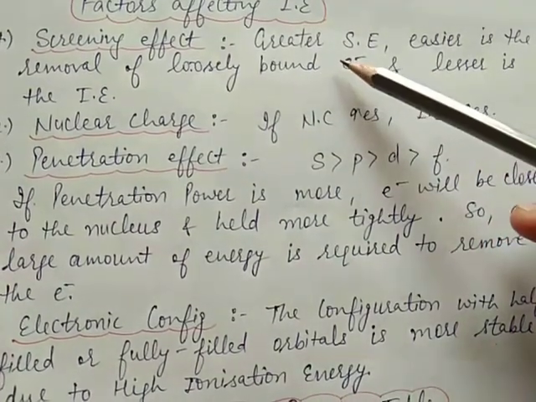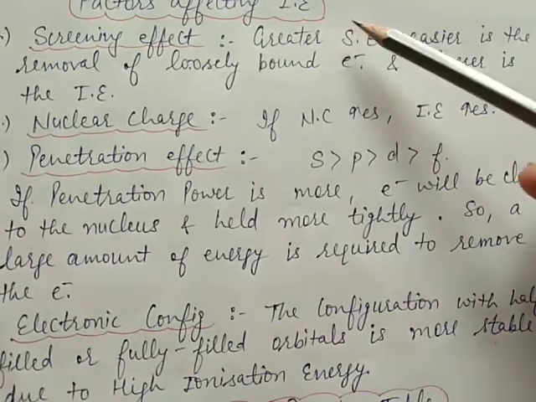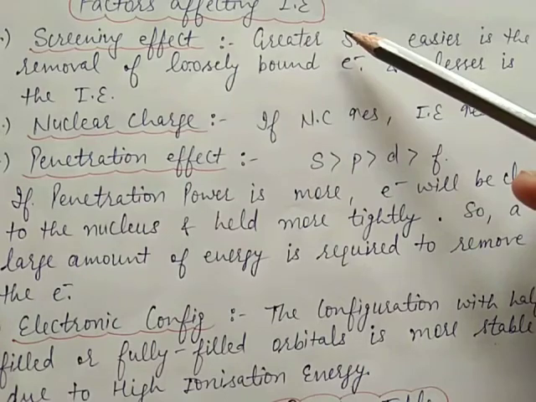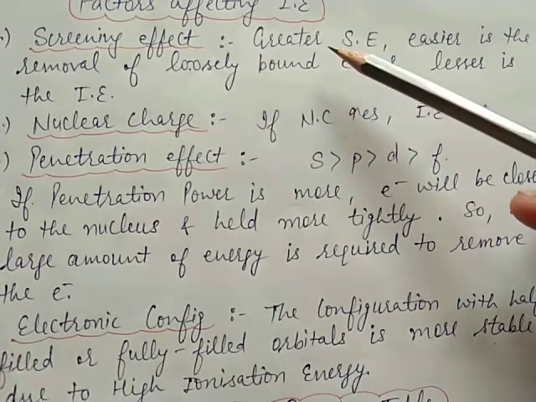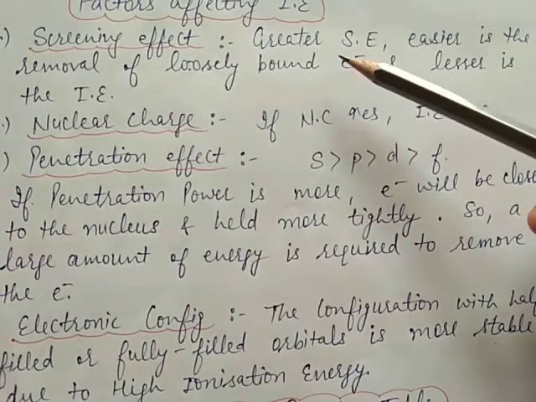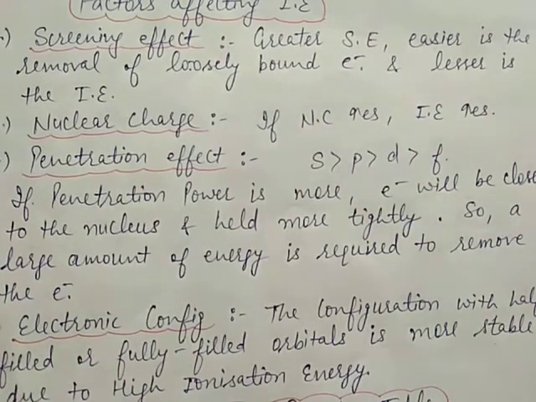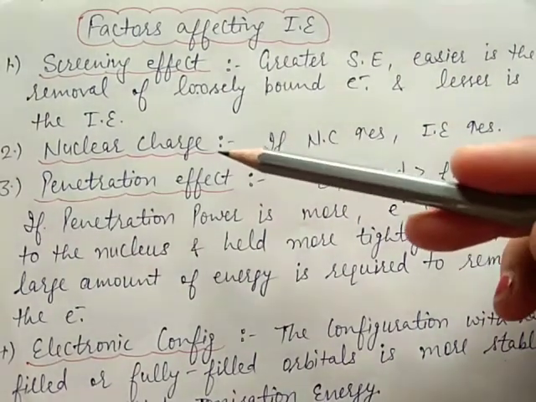So screening effect is more effective when the orbitals of the inner shell are completely filled. It is present in alkali metals. Their configuration is ns1. Second is nuclear charge.